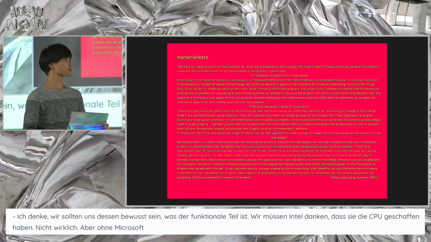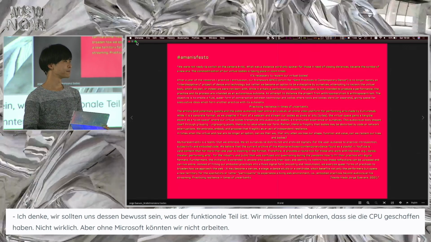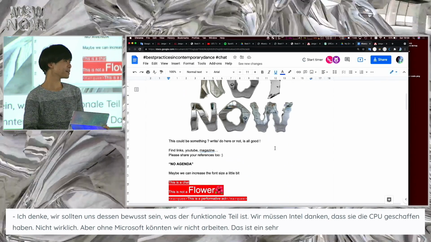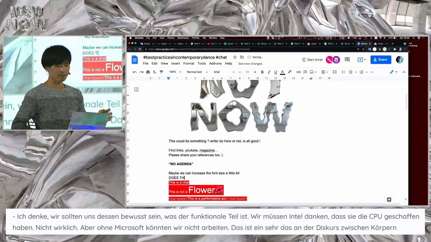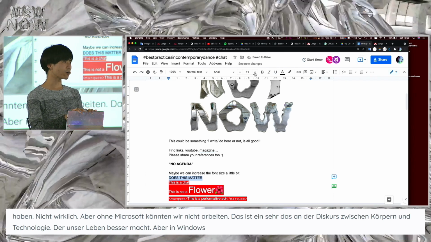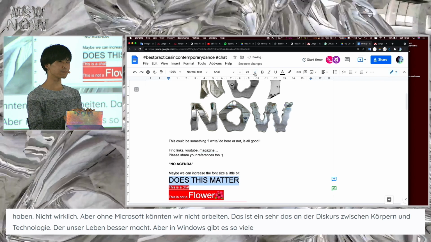Queer discourse of technology and body in Windows, to make our life better, or maybe it is actually. I don't know. But I think Windows has so many bugs, and that makes it somehow more organic.